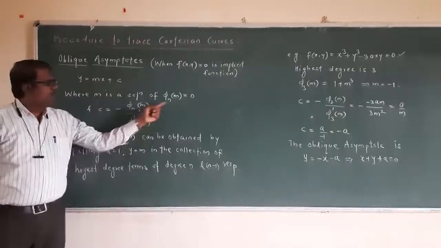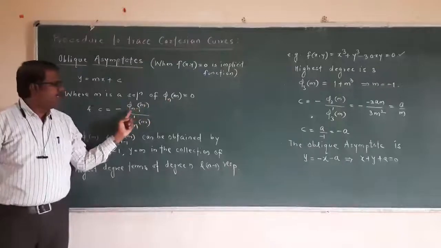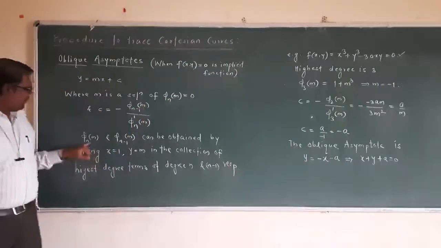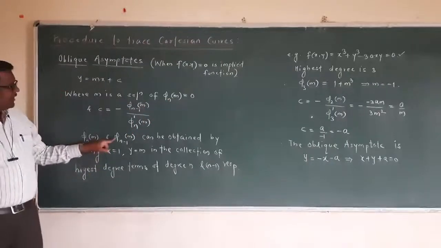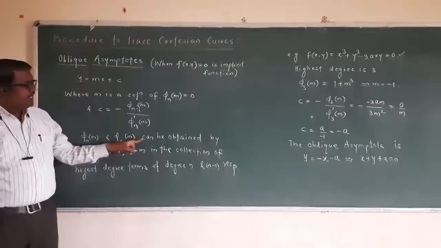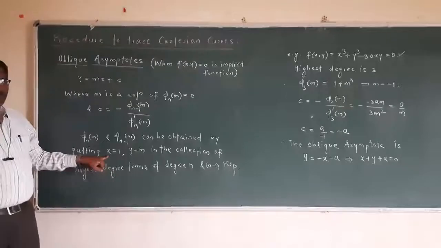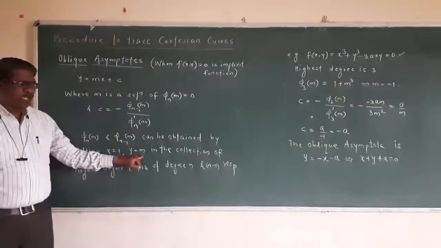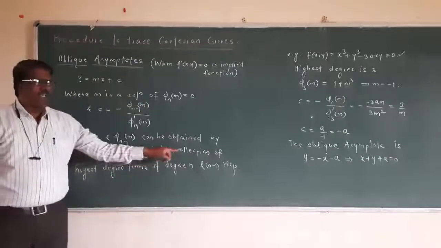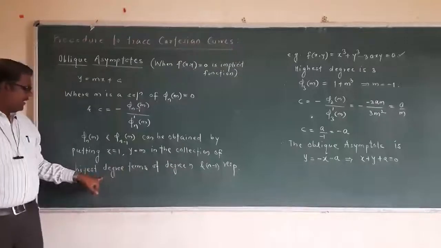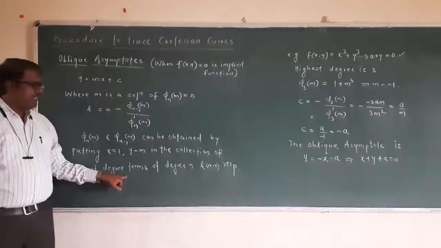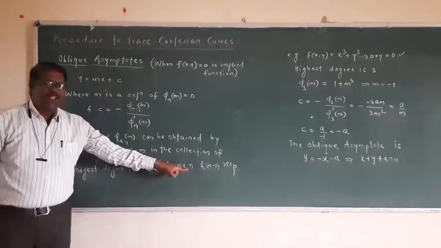But what are these phi n of m and phi n minus 1 of m? They can be obtained by putting x is equal to 1 and y is equal to m in the collection of terms having highest degree n and n minus 1 respectively.